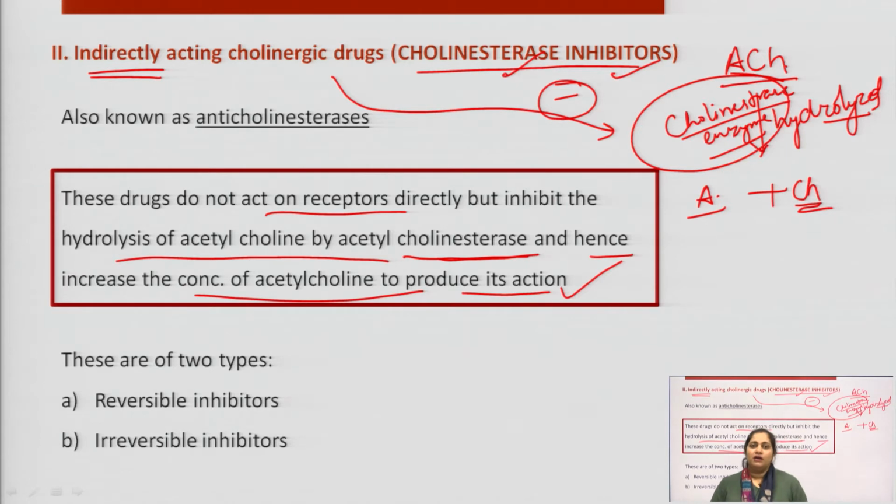We have studied this briefly: these are of two types, one is reversible, another is irreversible. Indirect acting cholinergic drugs inhibit the action of cholinesterase enzyme and increase the concentration of acetylcholine so that acetylcholine can exert its action.